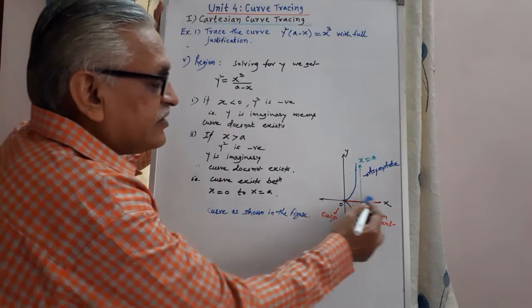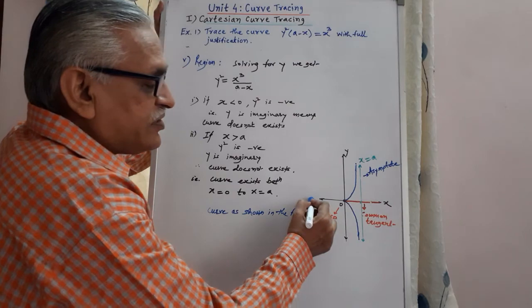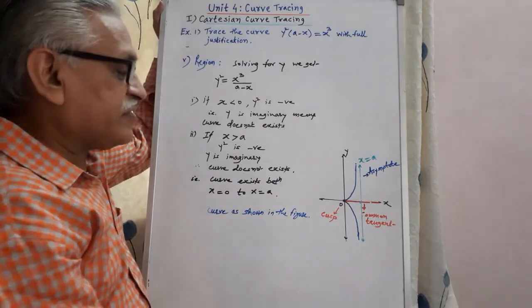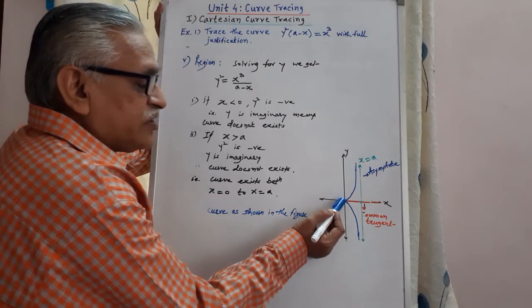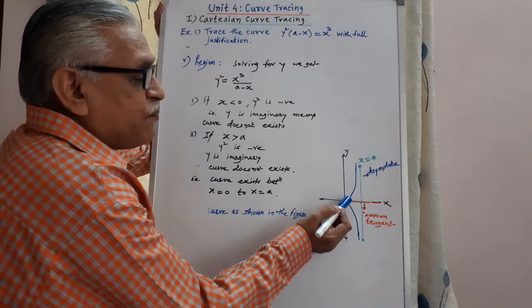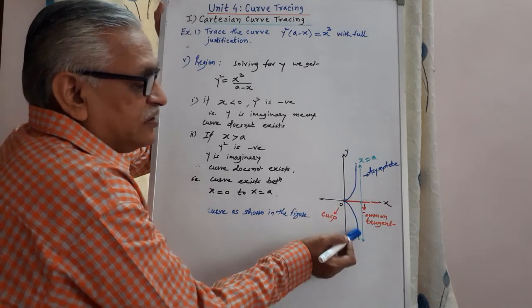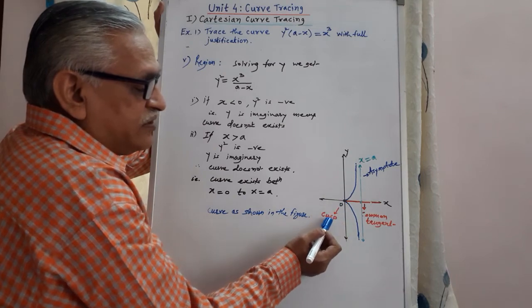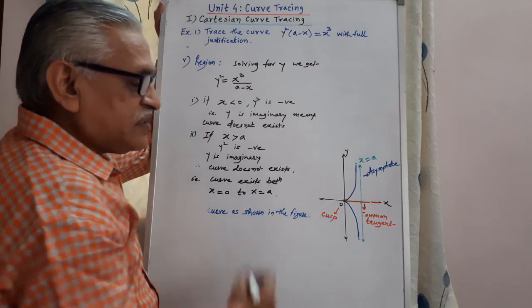The symmetry of this curve is symmetrical about x-axis. Yes, whatever the curve I have drawn, it is symmetrical to x-axis. Curve is passing through origin. Yes, it is passing through origin, and two parts of the curve passes through it. This is one part, another part. Therefore, that point is called as a double point, and the type is cusp.